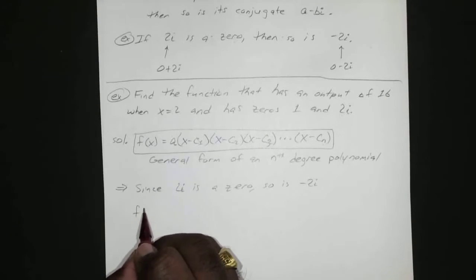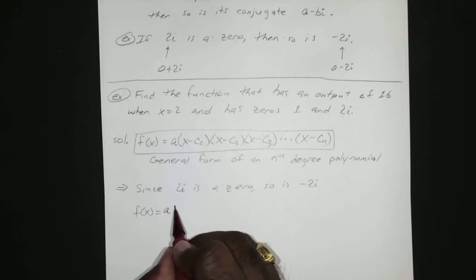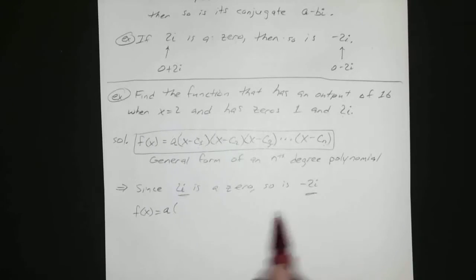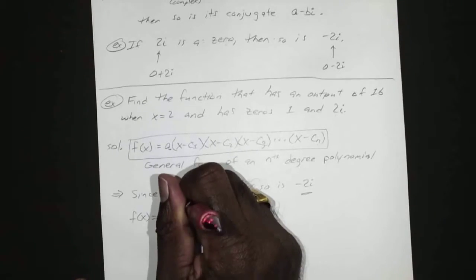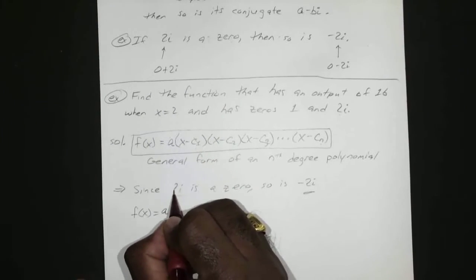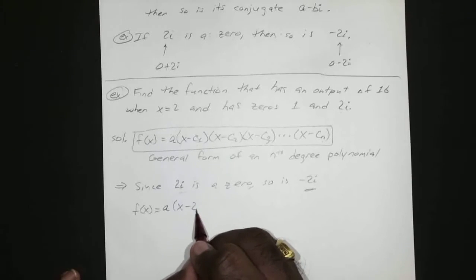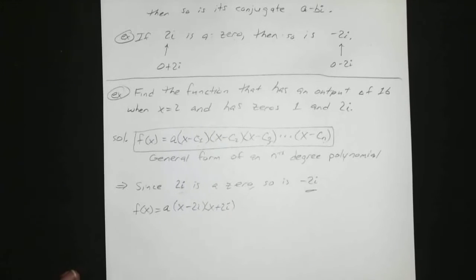So if we have our f of x equals a, we know 2i and negative 2i are zeros. So we know x minus 2i, x plus 2i.